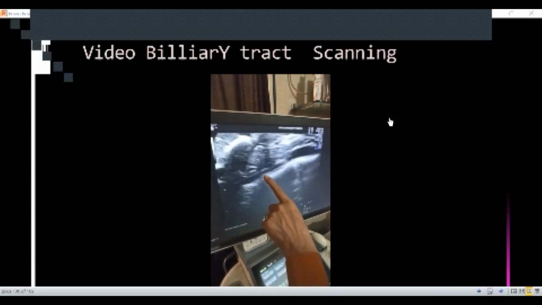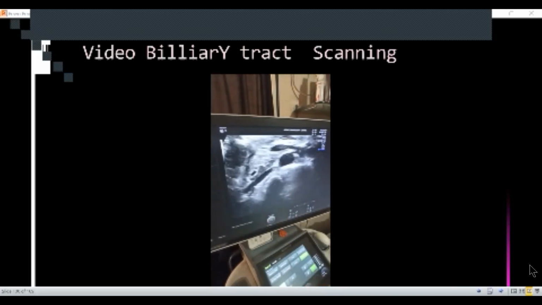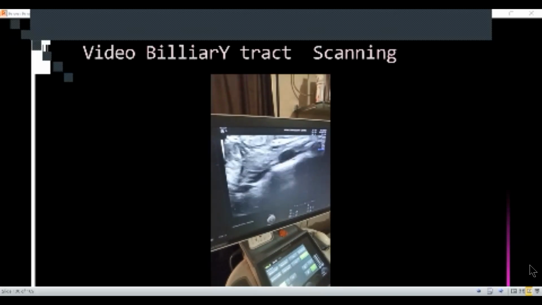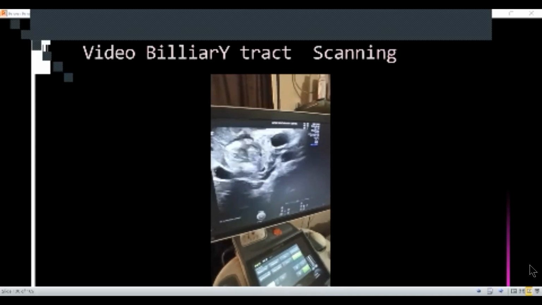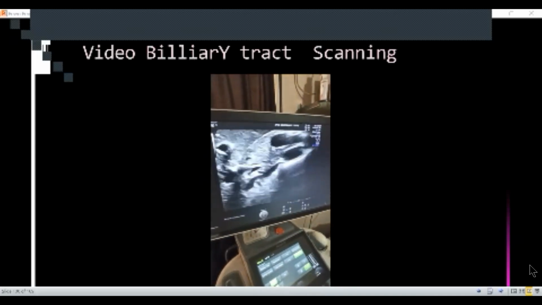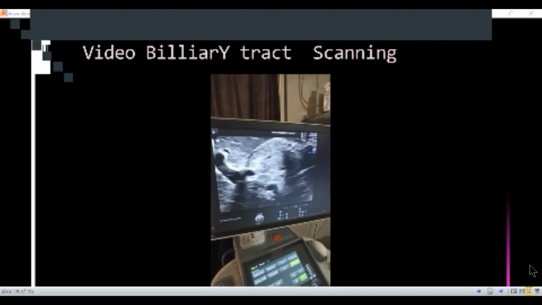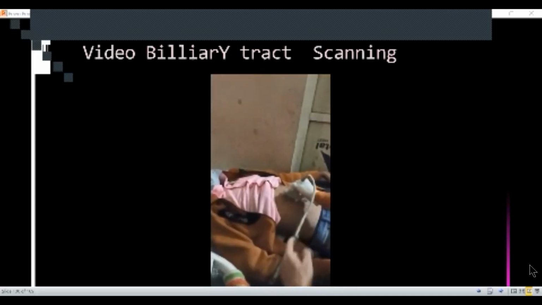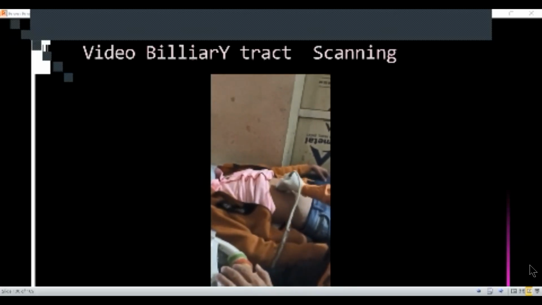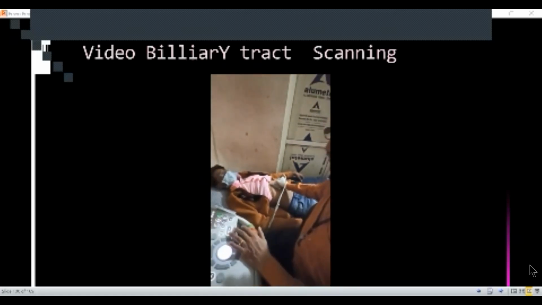This is the duodenum. The part posterior to the duodenum is obscured. So we have to go toward the other side, and we can relocate the distal part of the common bile duct. This is the common bile duct. It was here initially, then I have to go like this and relocate the distal portion of the common bile duct. Okay.